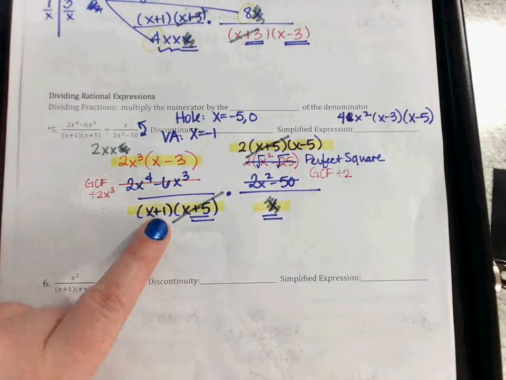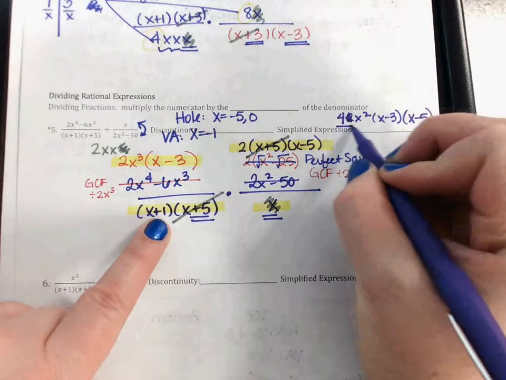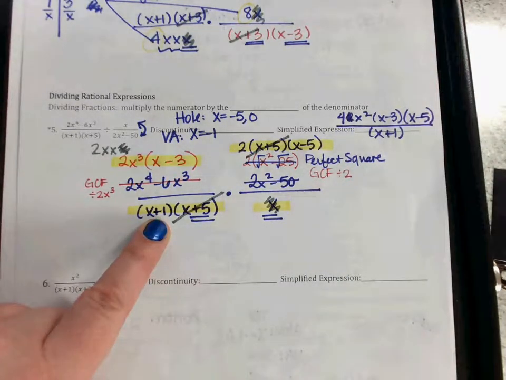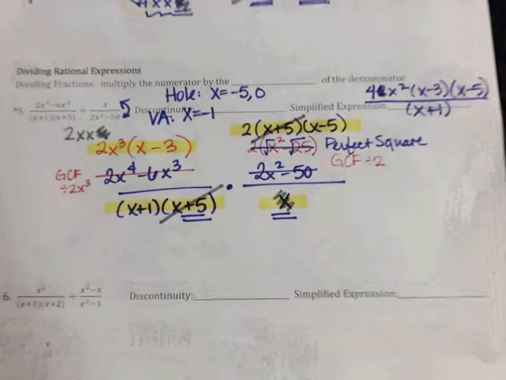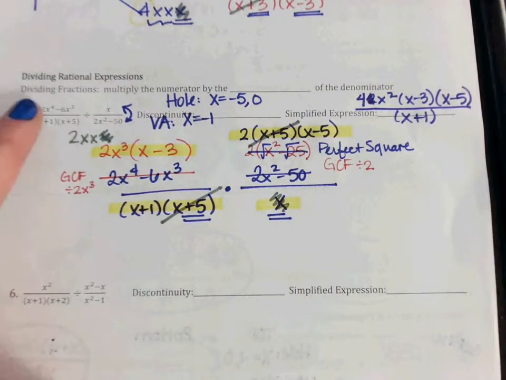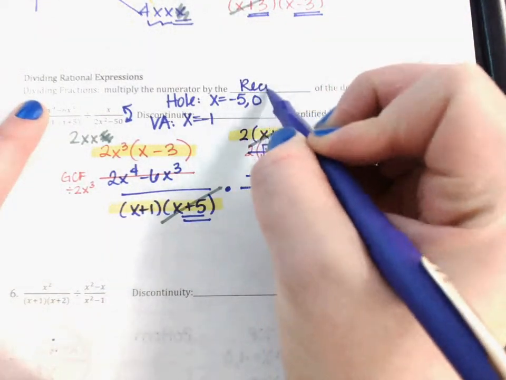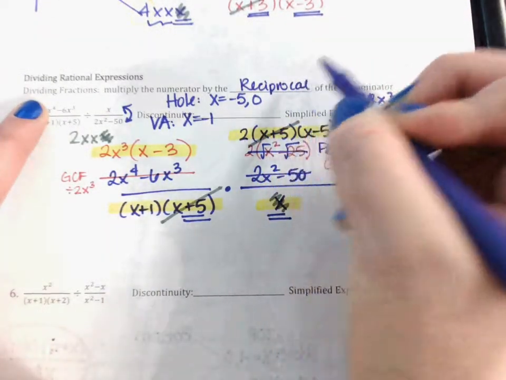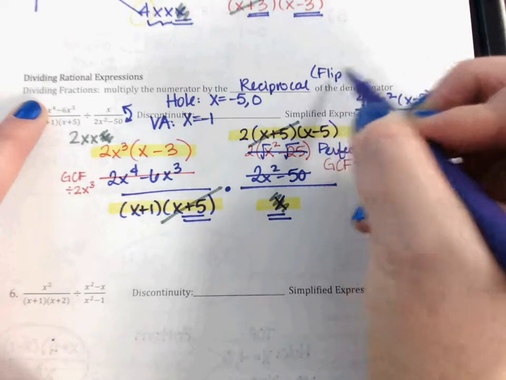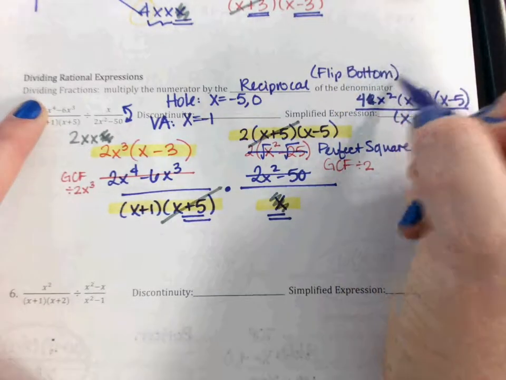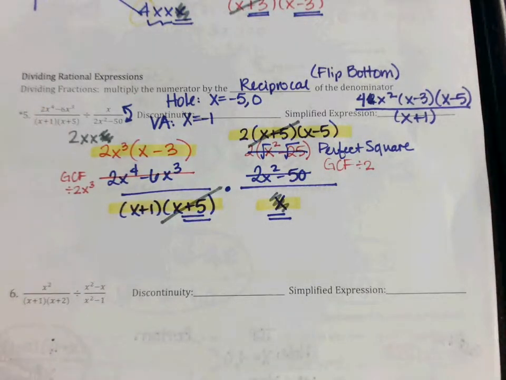Then on the bottom, all that I had left over was that x plus 1. Okay? And then I forgot to write this up here, but you're going to multiply the numerator by the reciprocal of the denominator, which means that you're going to flip the bottom. You're going to flip that second fraction. If it's a divide by, you flip it. If it's a multiply, you're not flipping anything.